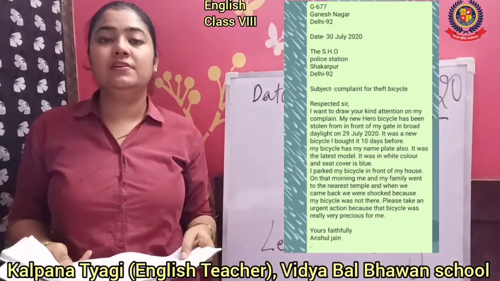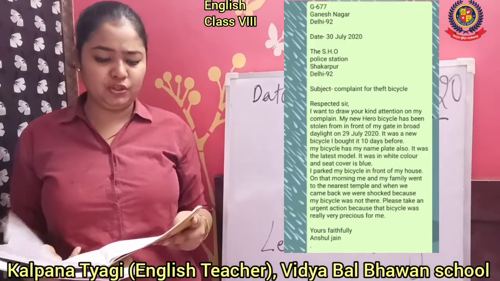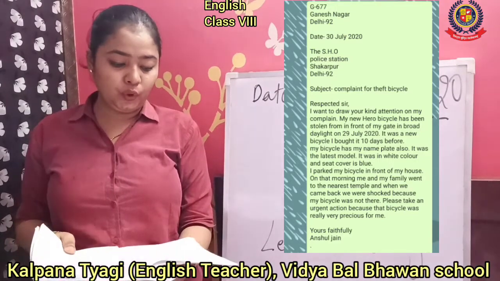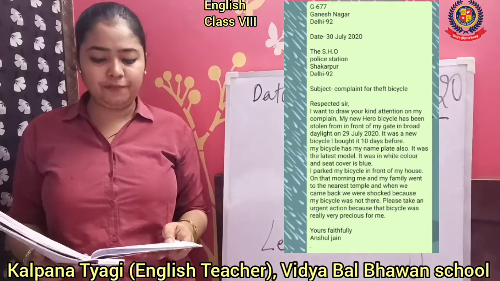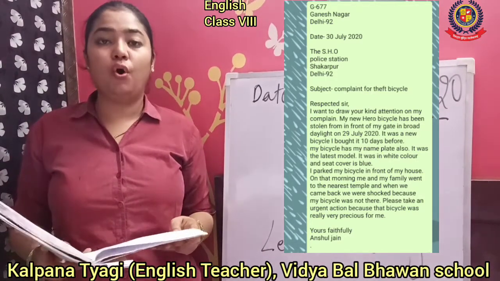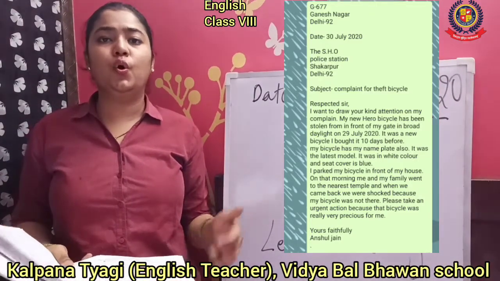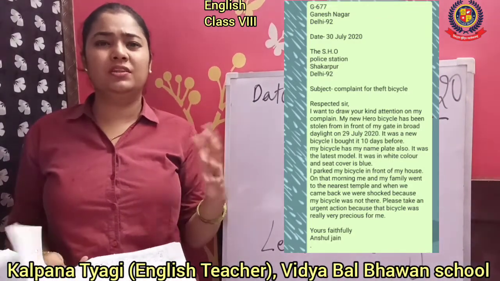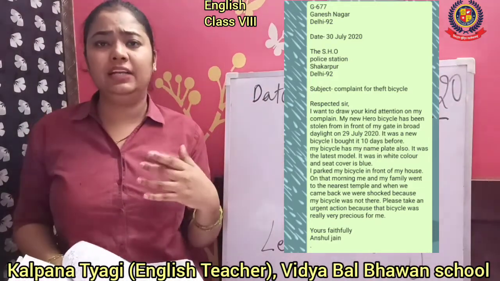Respected sir/madam, I want to draw your kind attention to my complaint. My new Hero bicycle has been stolen from in front of my gate in broad daylight on. Students, if you are writing the letter today, then the theft probably happened yesterday, so you can say on 28th July.